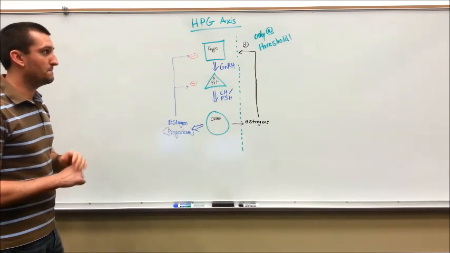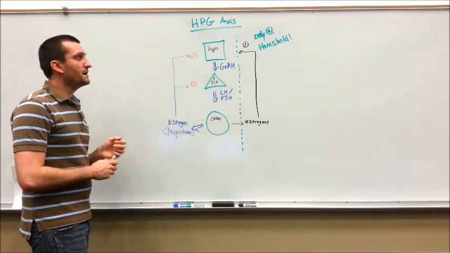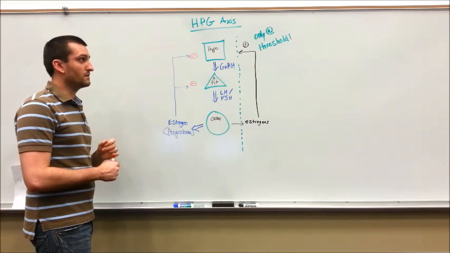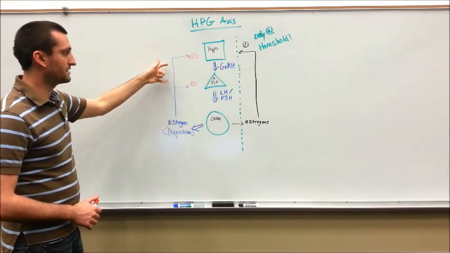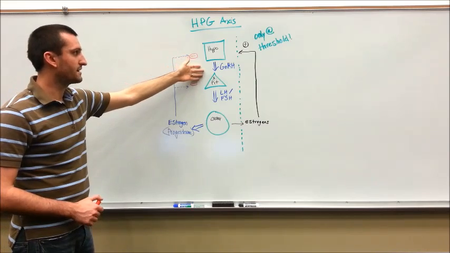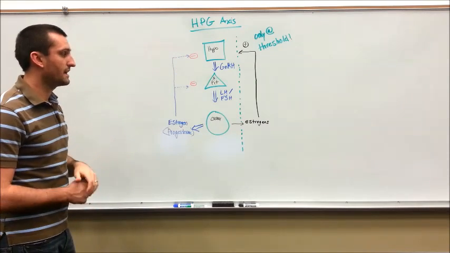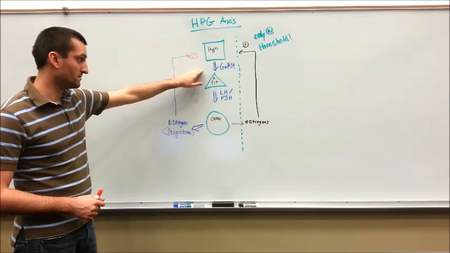However, mid-cycle, about day 12, you're going to reach a threshold on the amount of estrogen. Typically, estrogen negatively feeds back into the hypothalamus and the anterior pituitary to stop these hormones.